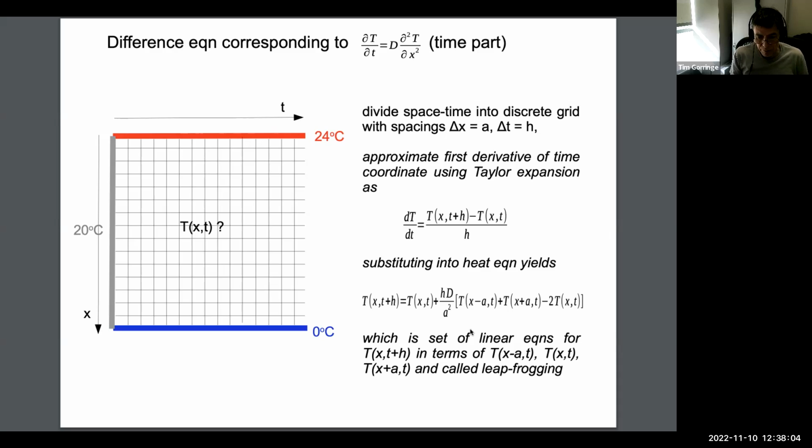And so this is the difference equation that we're going to use to solve the heat equation. It has some resemblance to the difference equation that we used for Laplace's equation, but it's clearly not the same equation. In Laplace's equation, we had a two-dimensional space, and we had neighboring points to the left, right, and upstairs and downstairs.